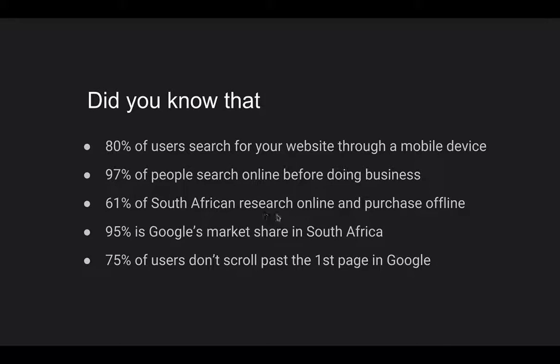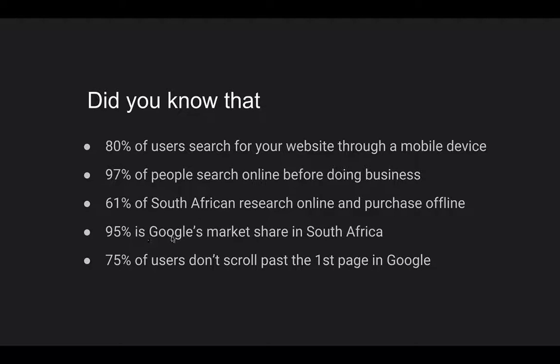So people are doing their research on your website, and then they go to your offline business, and for the last year they are looking more for online businesses. So online business is going up in South Africa.